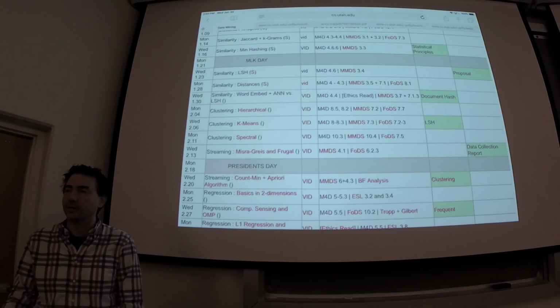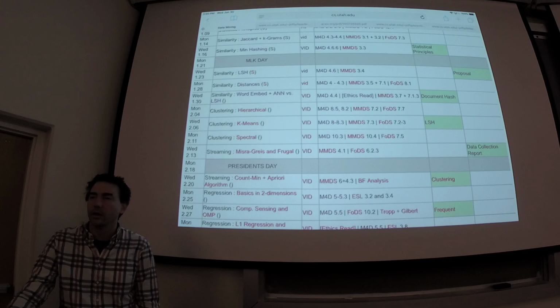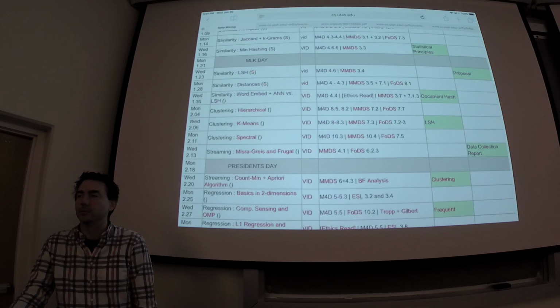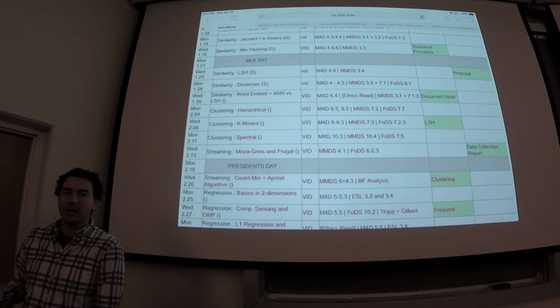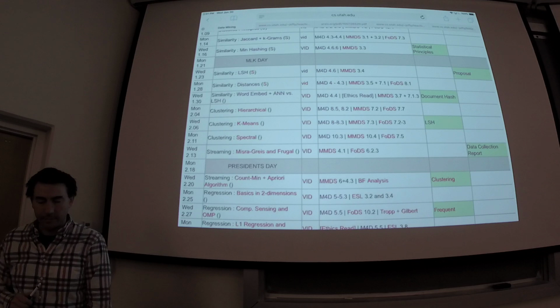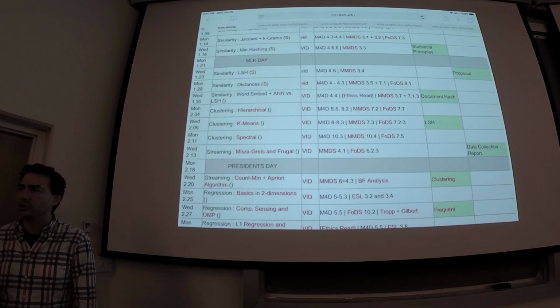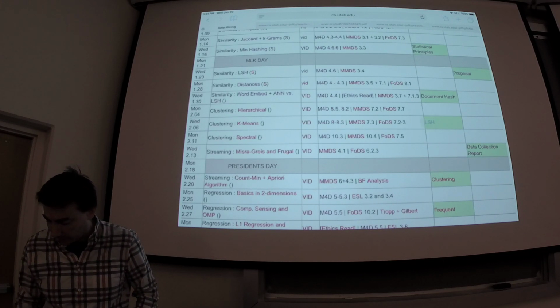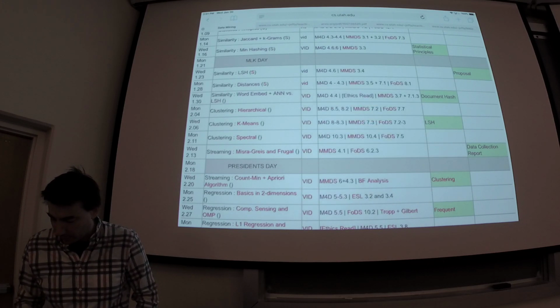Now there's the locality-sensitive hashing homework, which has been posted for about a week already. It's due a week from today. There were some small changes in the assignment after it was posted.